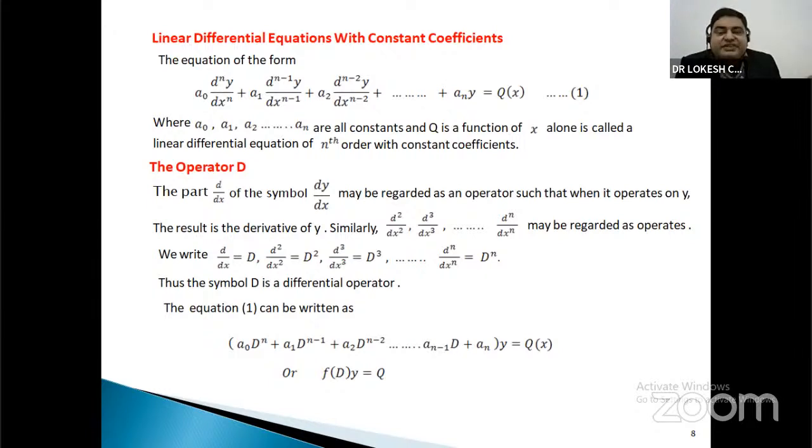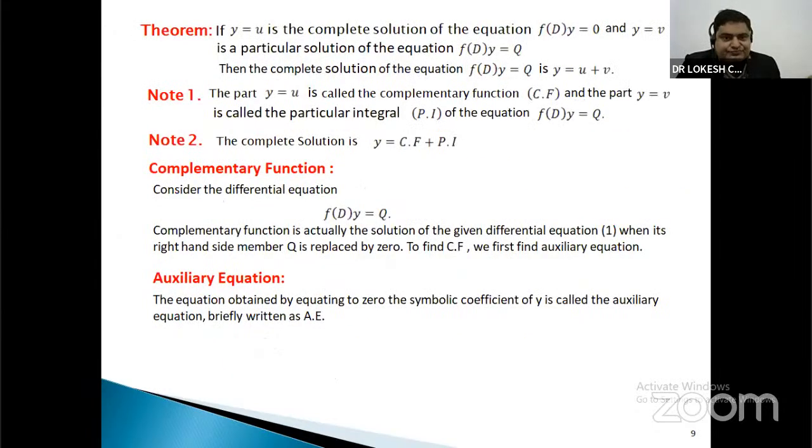There are different solution methods for linear differential equations with constant coefficients and with variable coefficients. For a linear differential equation with constant coefficients, the solution contains two parts: one is CF and one is PI. The CF is called the complementary function.